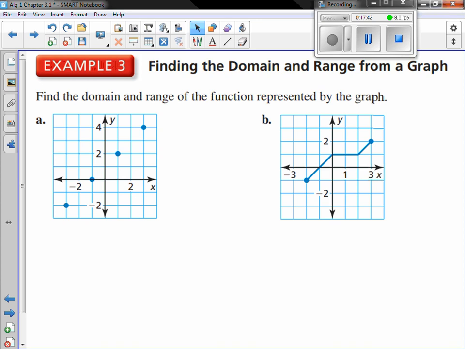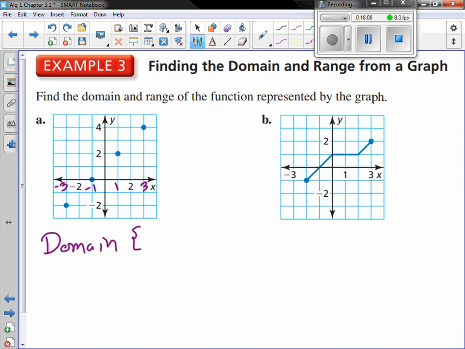Now we look at this here. What are the x values? Our domain. Well, coming across here, I have a value at -3, yes? And then I have a value at -1, 1, and 3. Those are where the points are for the x's, yes?